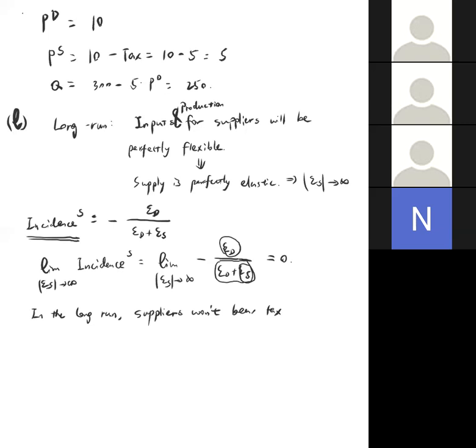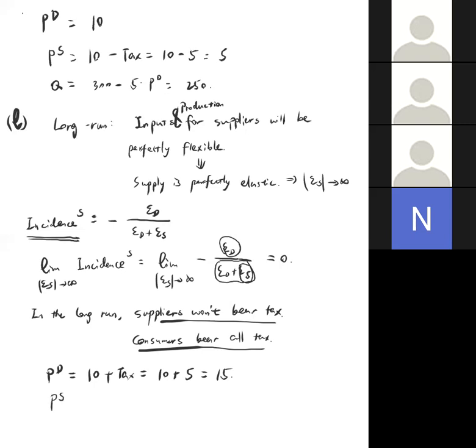So that means the consumers will bear all the tax. And if the consumer is going to bear all the tax and the supplier won't bear any tax, that means in the long run, consumers, in addition to that $10, are paying the tax. So that brings their payment up to $15. But for suppliers, since they're not bearing any tax, they will just earn that $10.